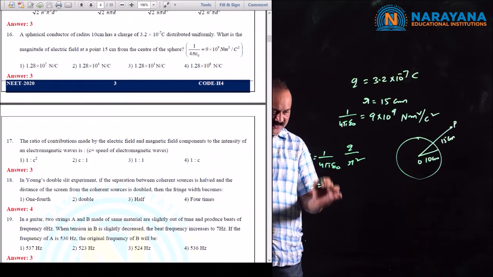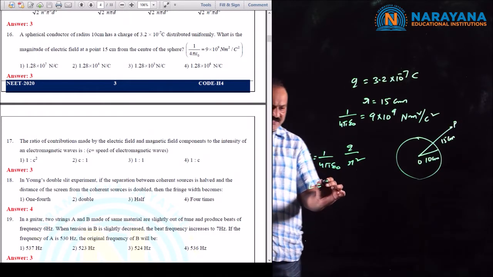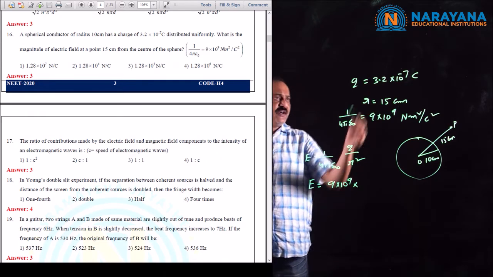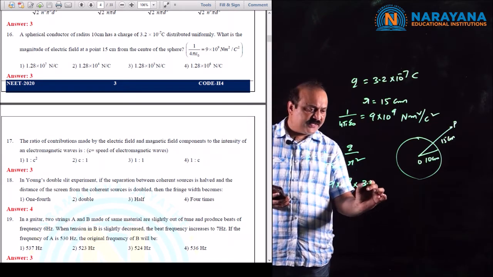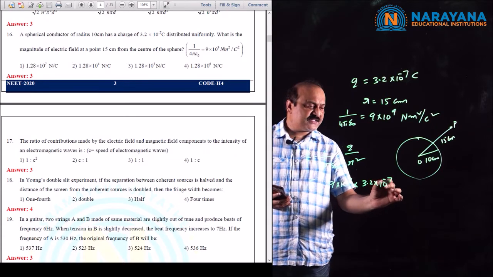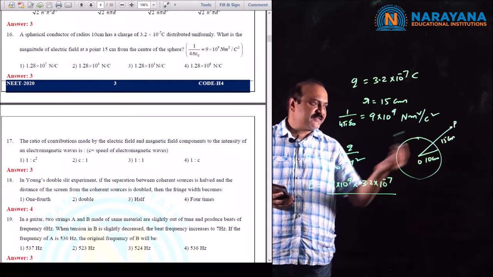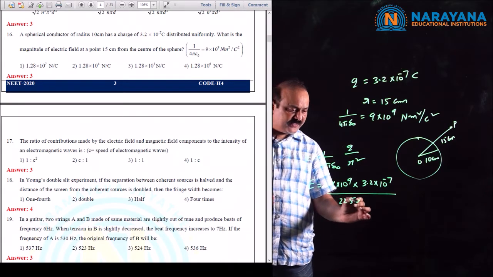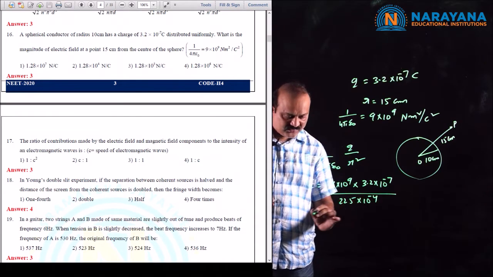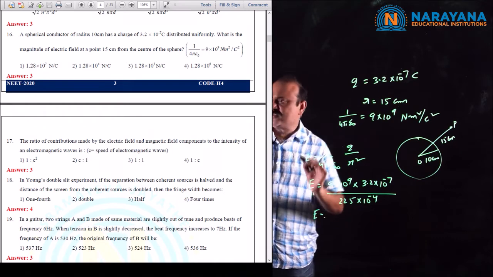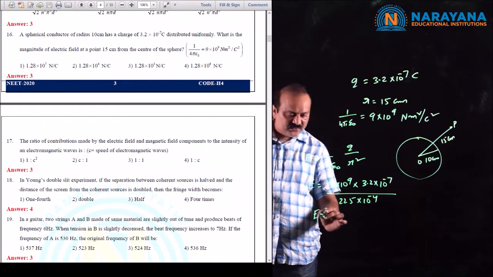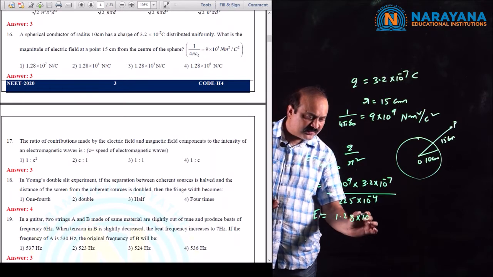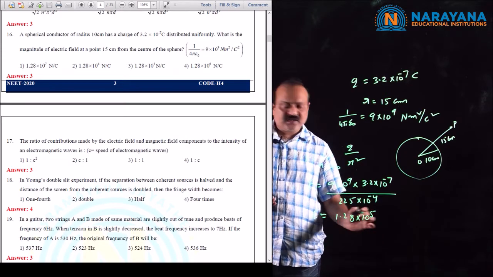Therefore E is equal to 1.28 × 10^5 newton per coulomb.